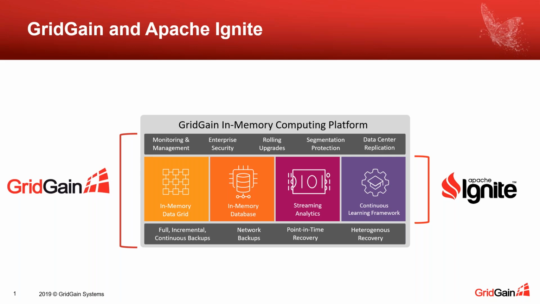It has such features as memory data grid, persistent database, and many more. And GridGain is a product that is built around and on top of Apache Ignite, and it provides additional features such as monitoring, security, disaster recovery that are usually required by enterprise level customers.